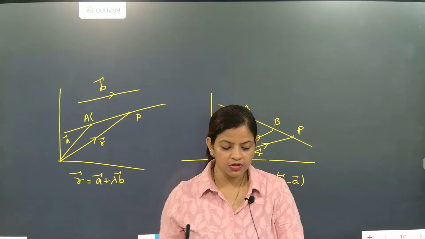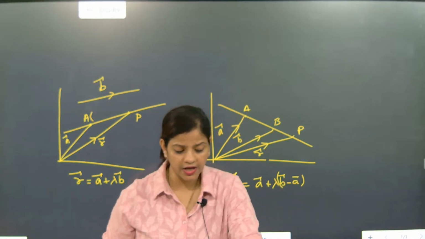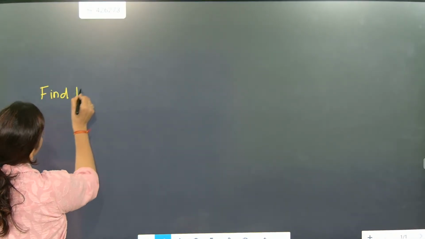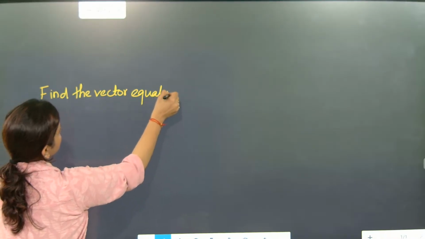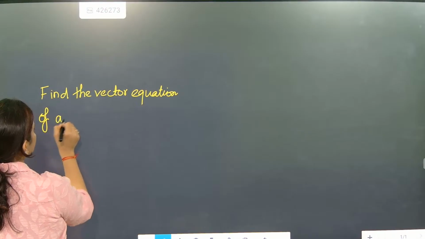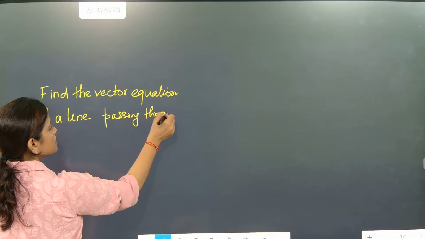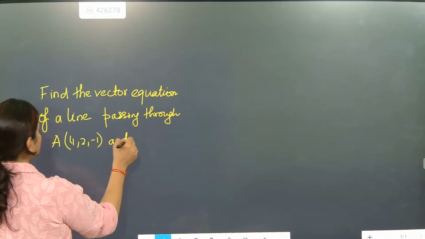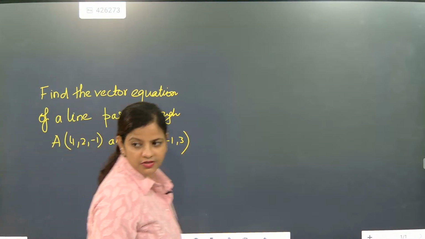The first question we are going to solve today: find the vector equation of a line passing through A (4, 2, -1) and B (6, -1, 3). So these are the 2 points.